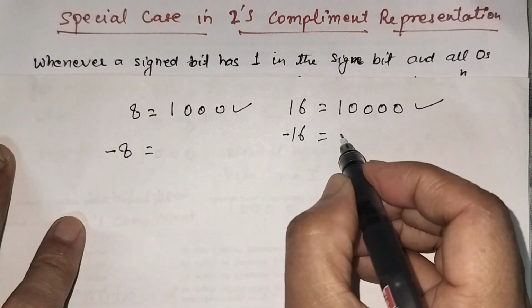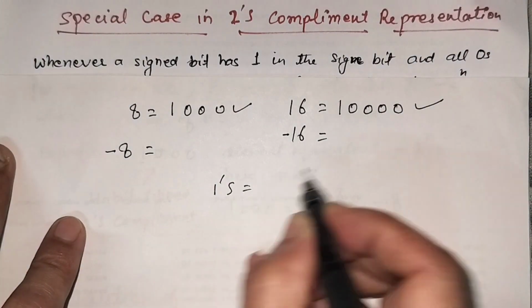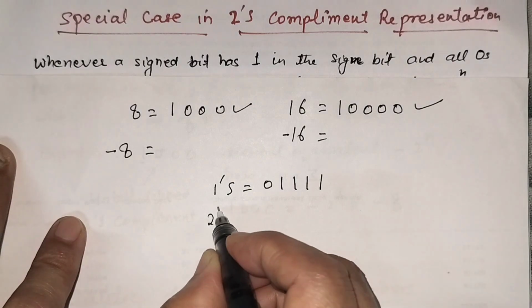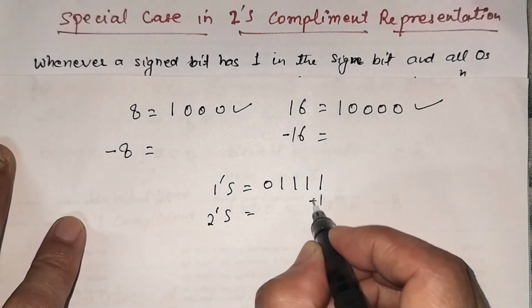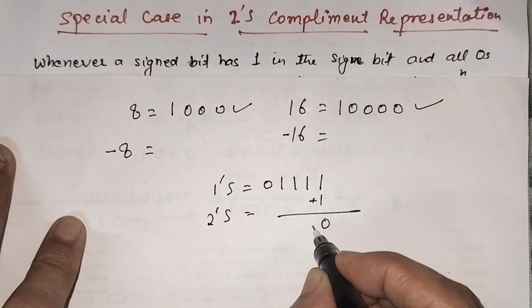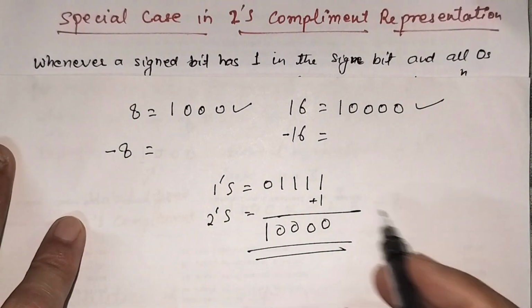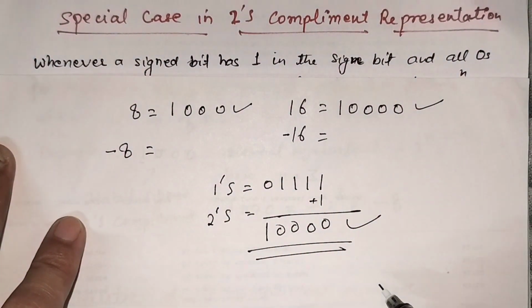See it here. The 1's complement of this number is 0 1 1 1 1, and for 2's complement we add 1 here, so it will be 1 0 0 0 0. We can see this and this is the same number.